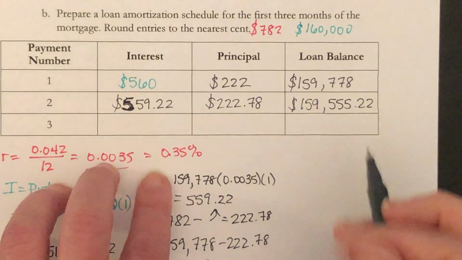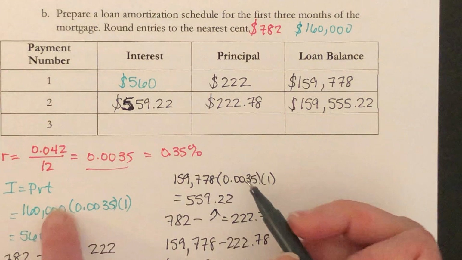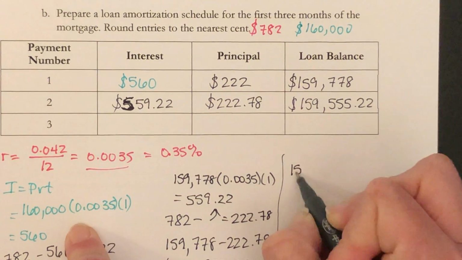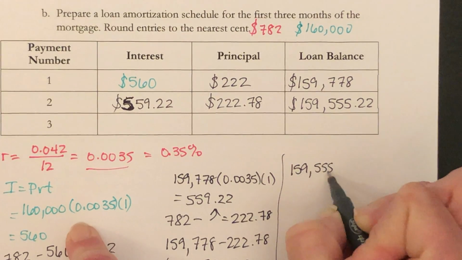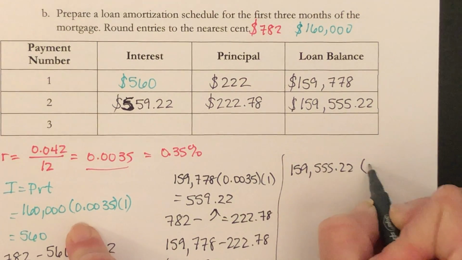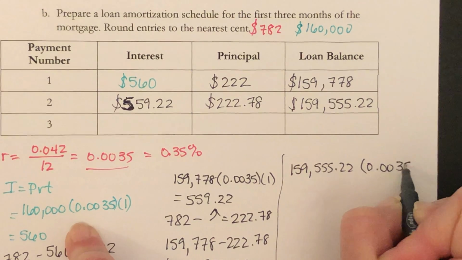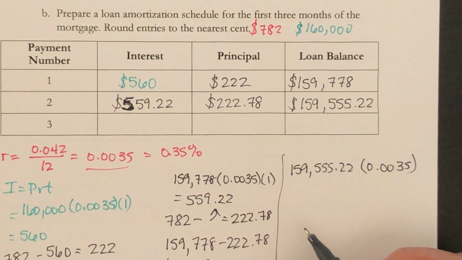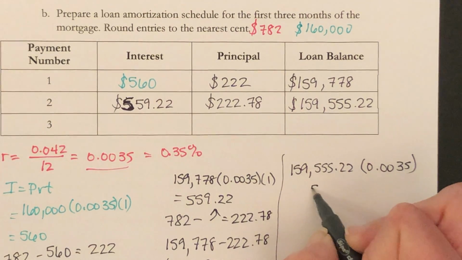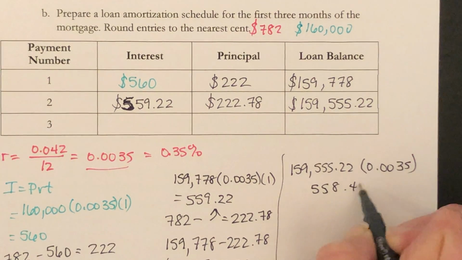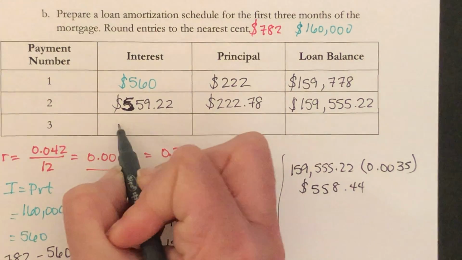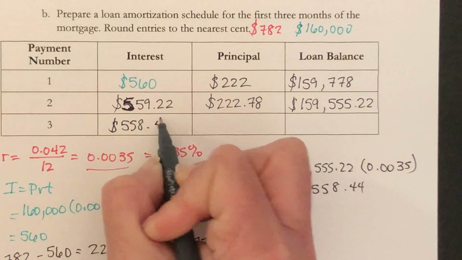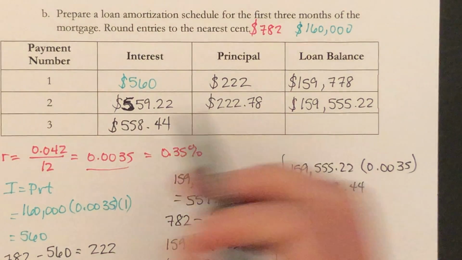And then you repeat. I'm now using this value. If I take the percentage of that, so I have 159,555.22 times 0.0035, then you get 558.44, which goes here. So I'm paying even less on the interest.